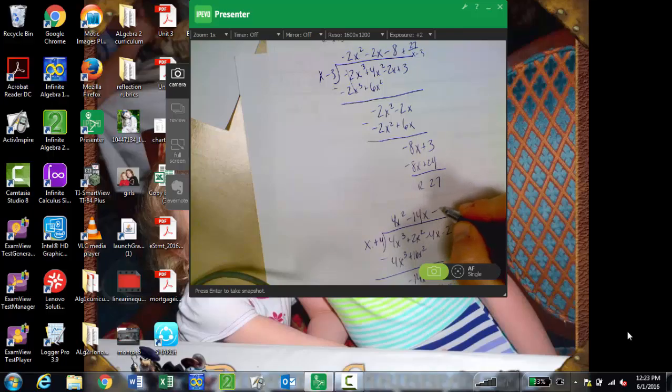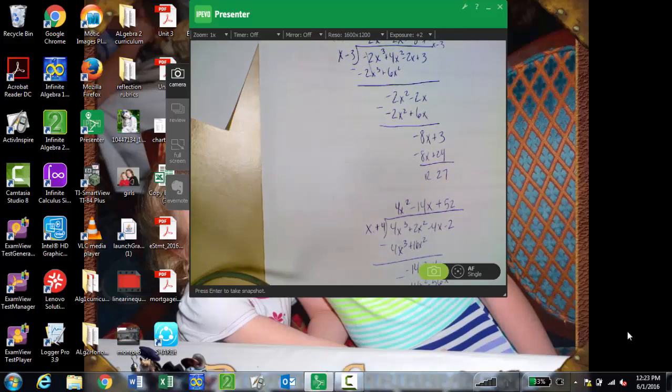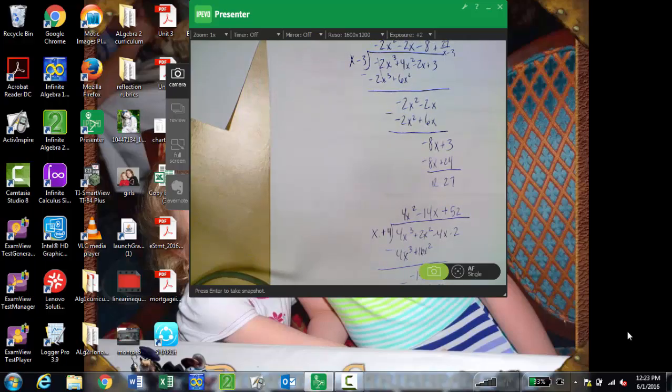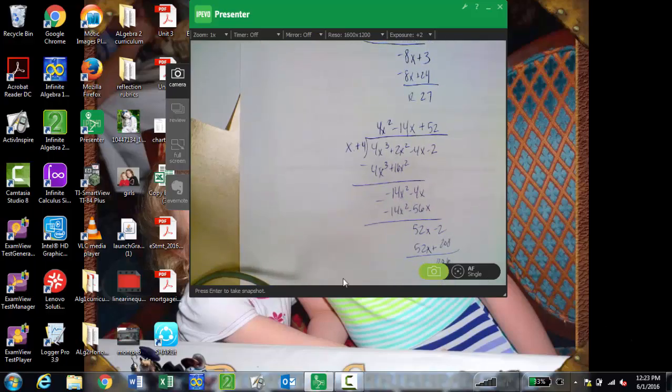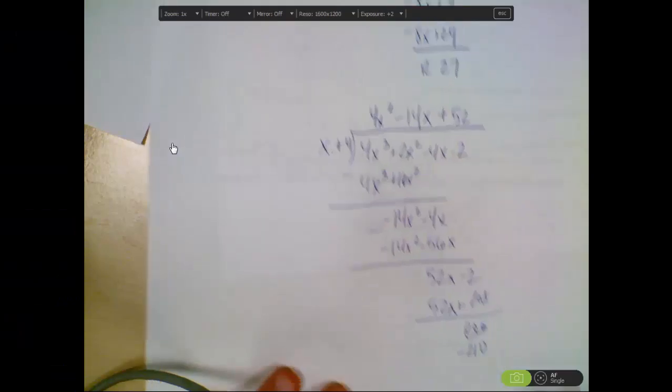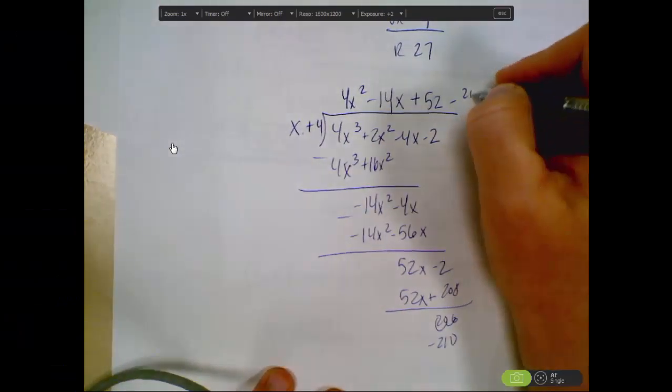So then I have plus 52. 52x plus whatever 52 times 4 is, 208. So a remainder of 206. Oh no, negative 210. Remainder of negative 210. So if I needed to write this, I could write it as minus 210 over x plus 4.